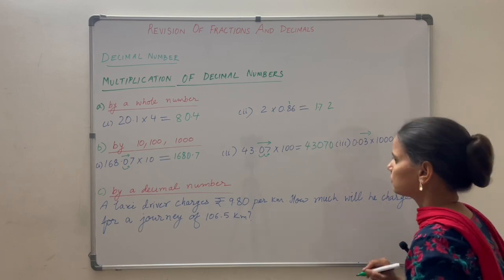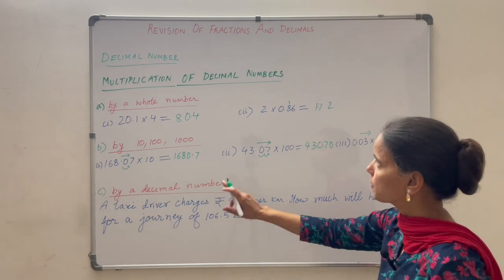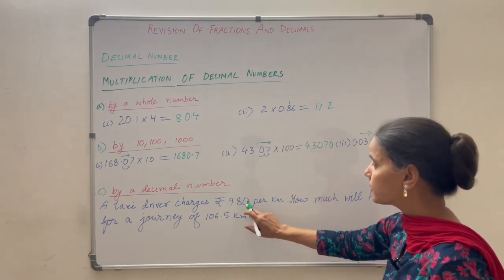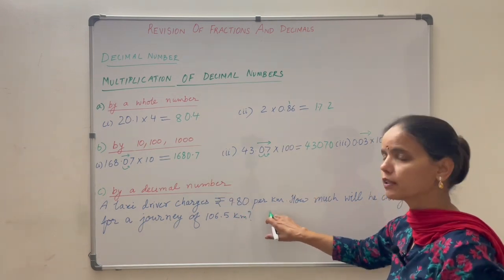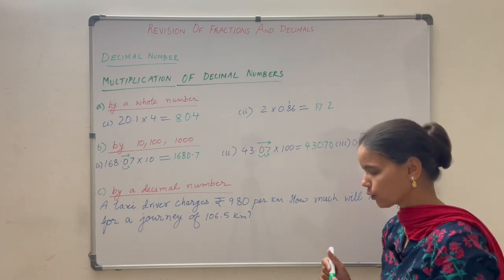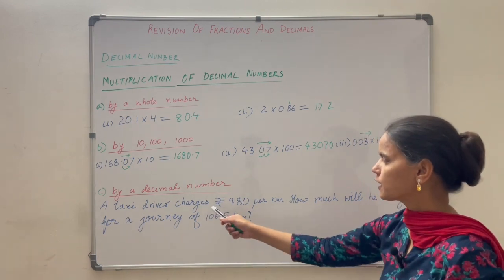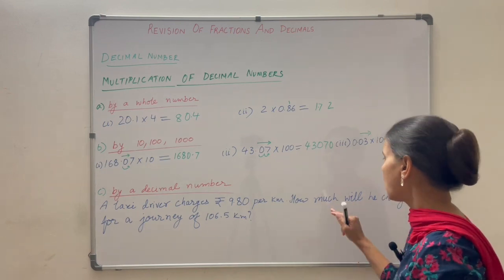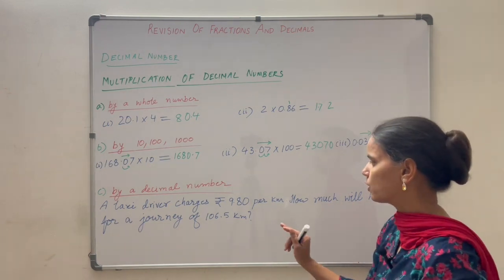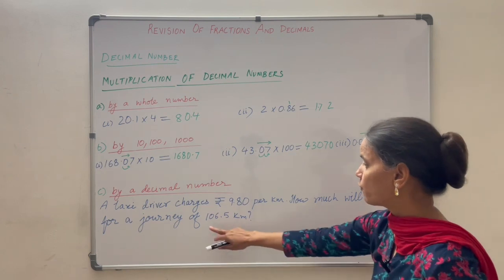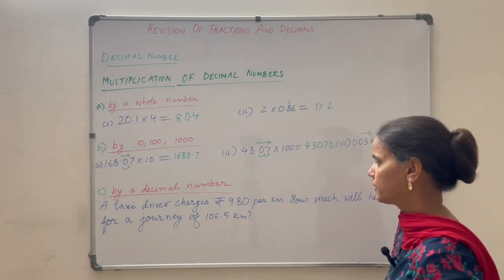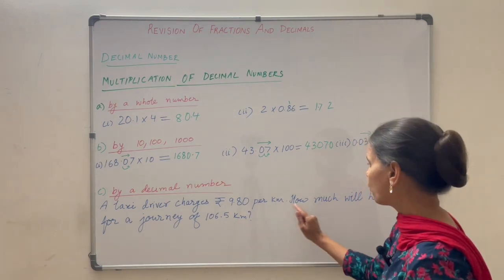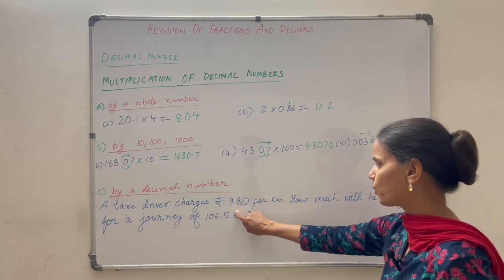Now let us see how to multiply a decimal number by a decimal number with the help of a word problem. So here is the word problem. A taxi driver charges rupees 9.80 per kilometer. How much will he charge for a journey of 106.5 kilometers? So this is unitary method. For 1 kilometer, 9.8.